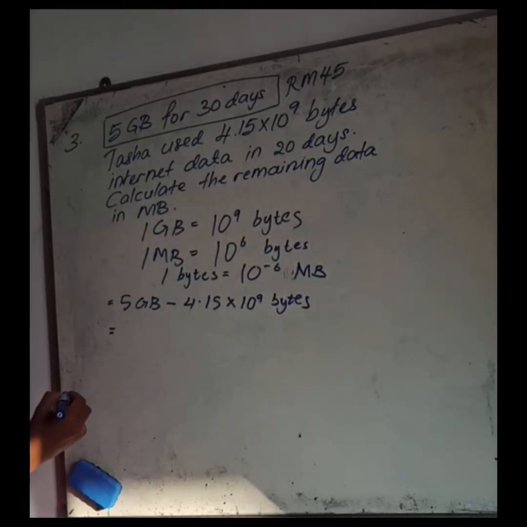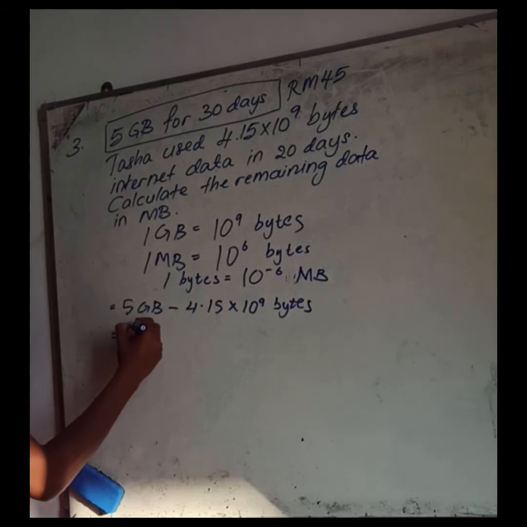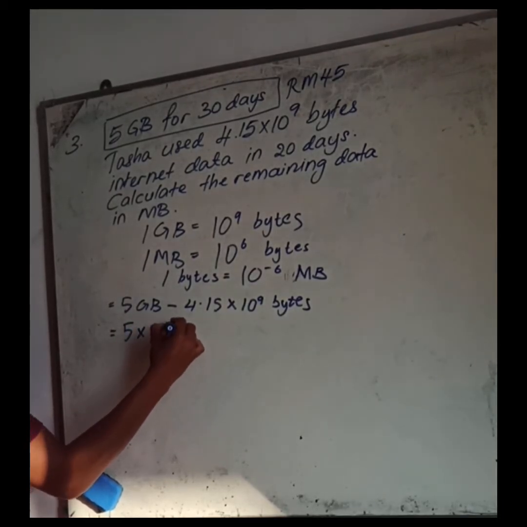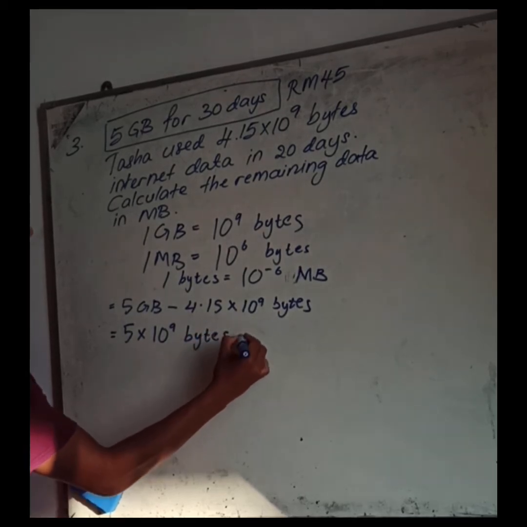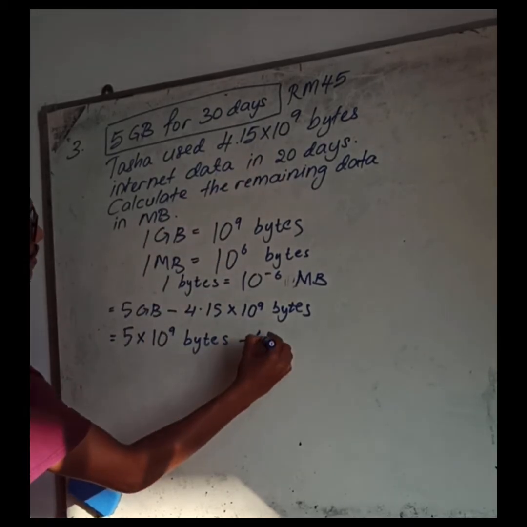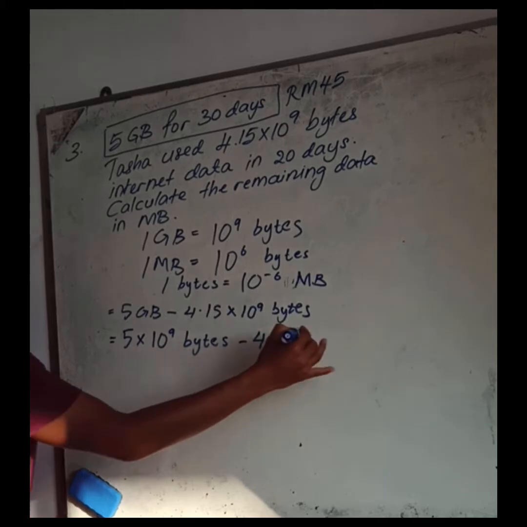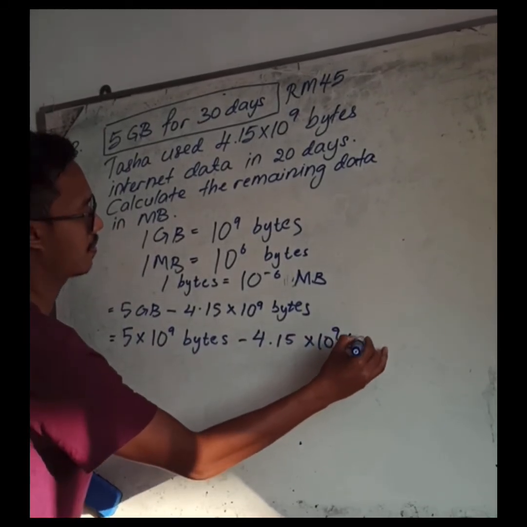So 5 gigs is equal to 5 times 10 to the power of 9 bytes, minus the information from the question, 4.15 times 10 to the power of 9 bytes.